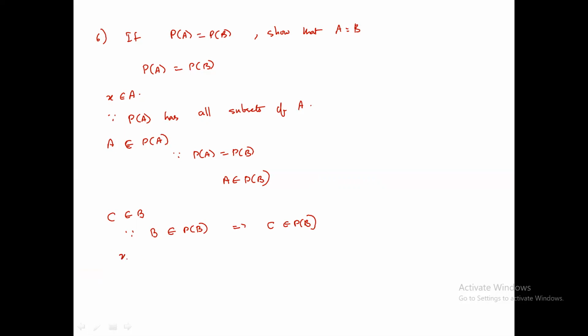So now if X belongs to C, from this, if X belongs to C, then X belongs to B also. So I can say C is a subset of B. Isn't it?